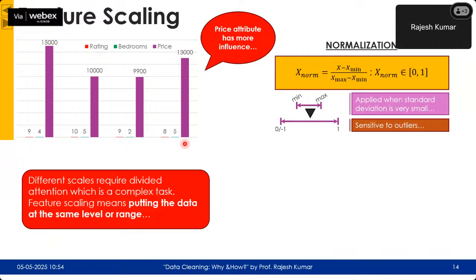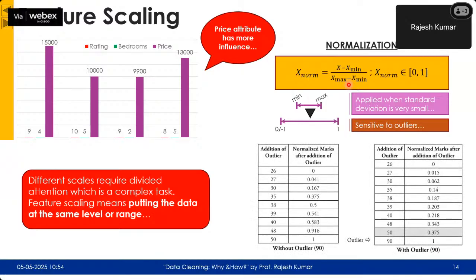Standard deviation is not that much, that's good. But if there is an outlier, you can see in the calculation that it depends upon the x max, and if there is an outlier, it will affect the normalization process. So it's sensitive to outliers.